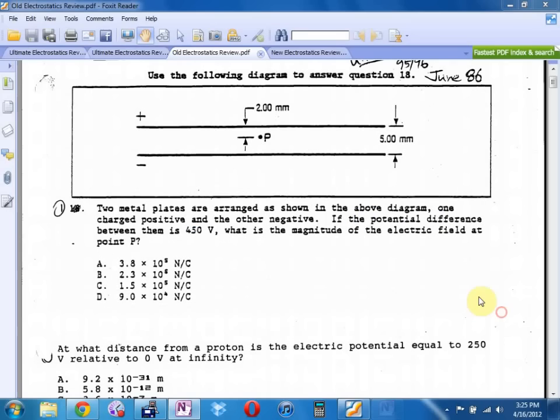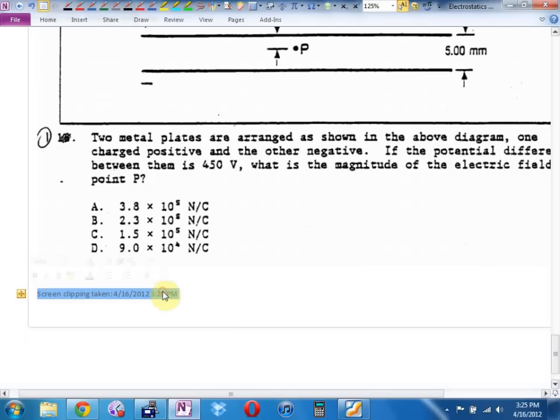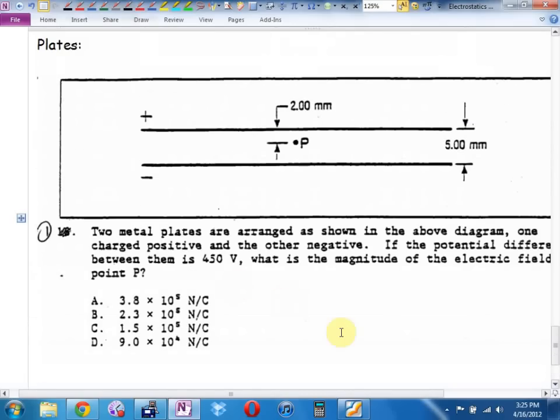Could do something like this. 2 metal plates are arranged as shown in the above diagram, one charge positive, one charge negative. If the potential difference between them is 450 volts, what's the magnitude of electric field at point P? So electric field, which we've already agreed is that, has a second definition that involves voltage and the distance between them.